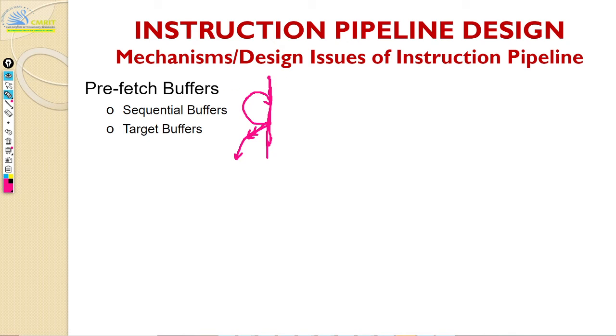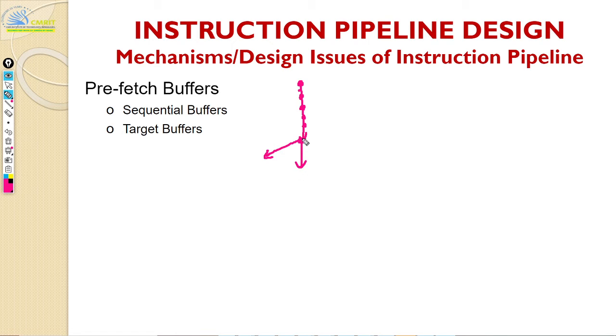For now we will leave the looping part, we'll deal with that in a bit. In a sequence of instructions, you just bring in the next 10 instructions and store them in the sequential buffer. But here let us say you have a branch. You can go either this way or this way.